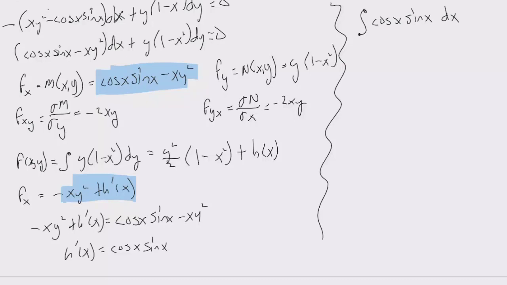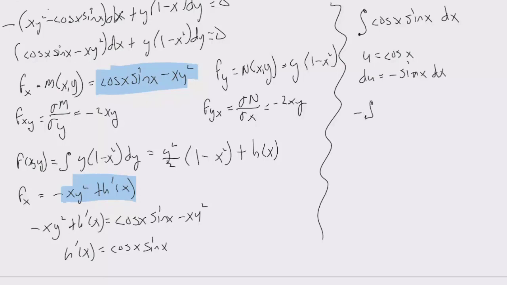All right, so let's think back to our techniques here. That looks like a good u substitution to me. So let's say u equals cosine x. Then du would equal negative sine x dx. So we're missing a negative.